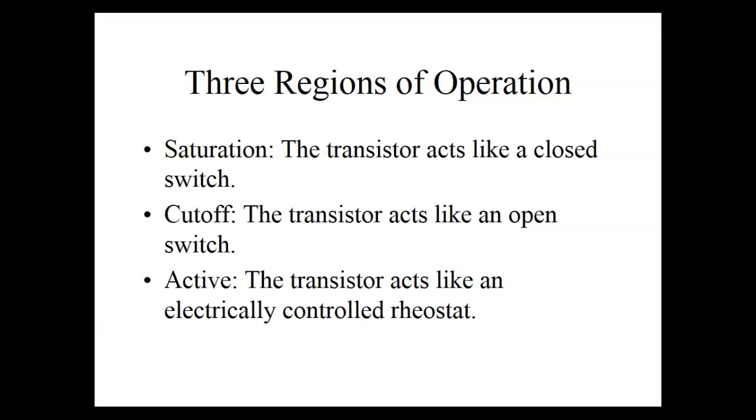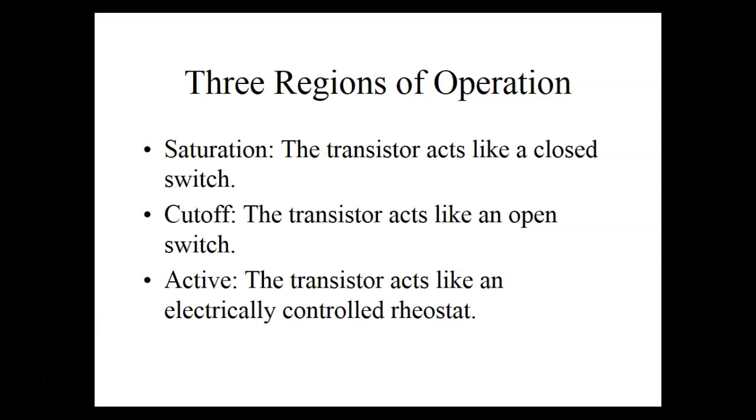We already talked about this. We got three regions we can operate our transistor in. We can operate it in saturation. And when we get saturated, it acts like a what? A closed switch. When we cut off, it acts like an open switch. And we call this the active region. In the active region, it acts like a rheostat that's electronically controlled.